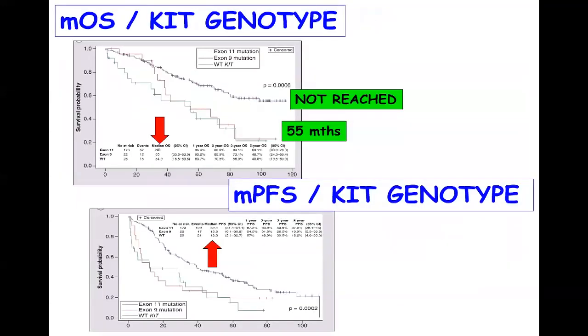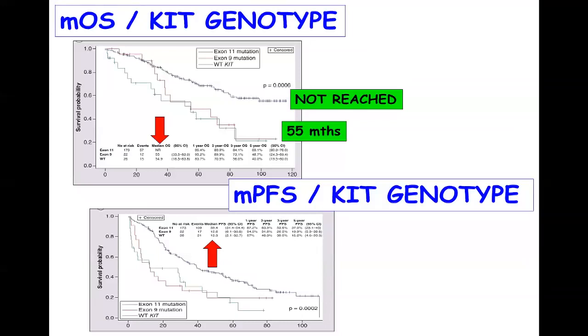What about median OS according to KIT genotype? In black, the exon 11 mutation, median OS not reached, and in red exon 9, and in green wild type, with a median OS around 55 months.